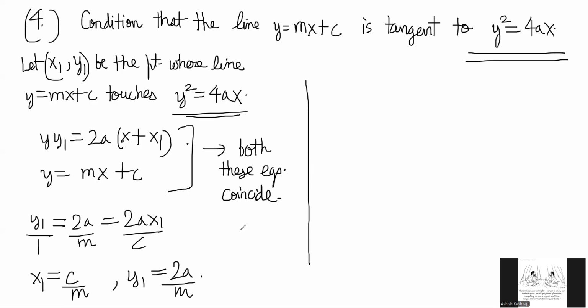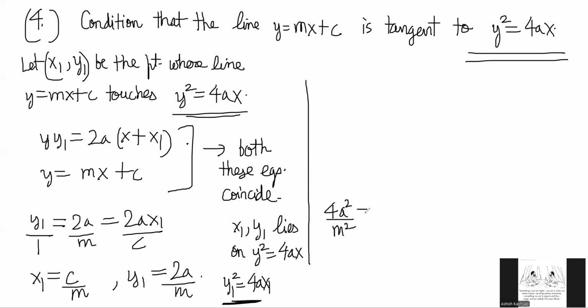Also, we know that x1, y1 lies on the parabola y square is equal to 4ax, so y1 square is equal to 4ax1. So y1 square becomes 4a square by m square is equal to 4a times x1, which is c by m.